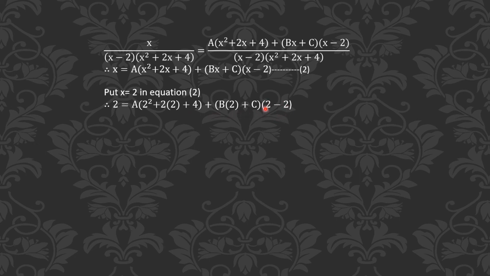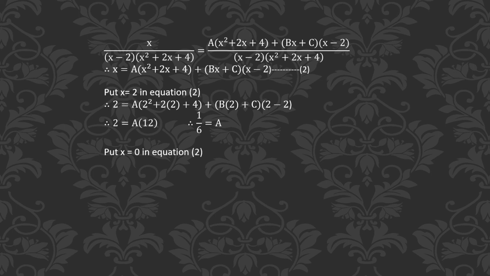Now 2 minus 2 becomes 0 and 0 is multiplied by this entire bracket, so it all becomes 0. So we get the equation reduced to 2 equal to a into 12. This 2 square 4 plus 4 plus 4 sums up to be 12. Then we get the value of a as 1 upon 6.